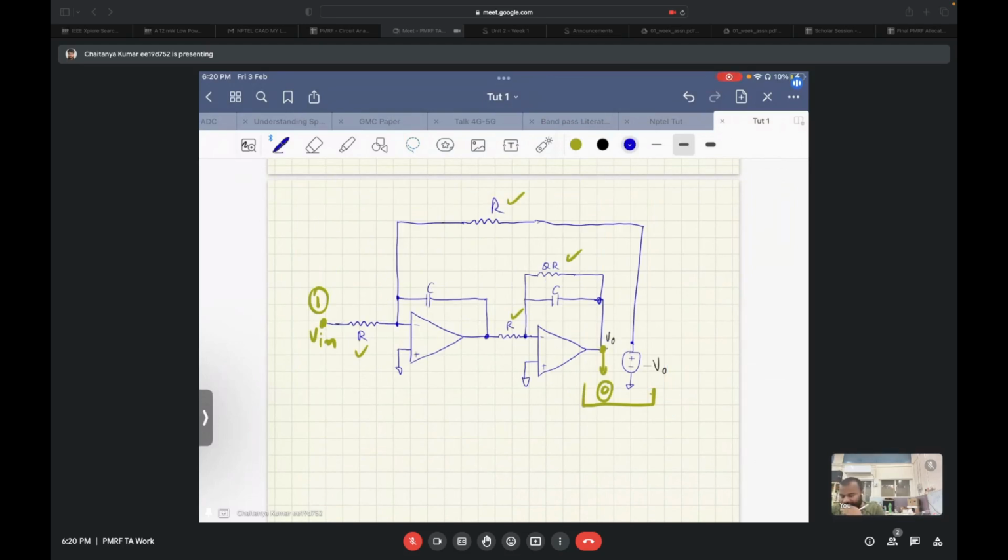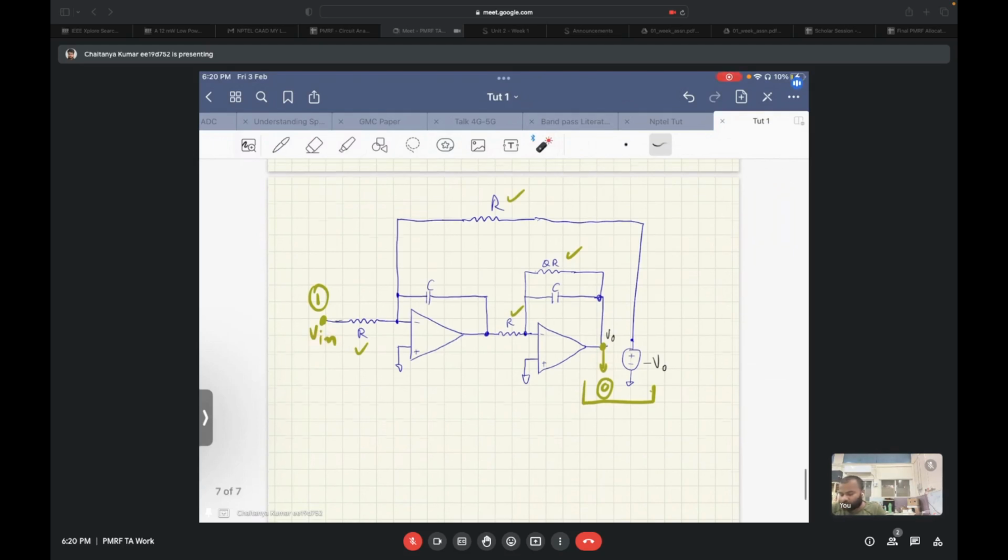So first of all, before we start analyzing with the inter-reciprocal theorem, to show what the inter-reciprocal theorem will do, we will first write the transfer function from input to output in a conventional way, and then proceed with the inter-reciprocal theorem.